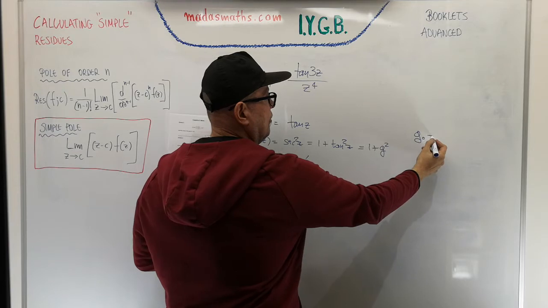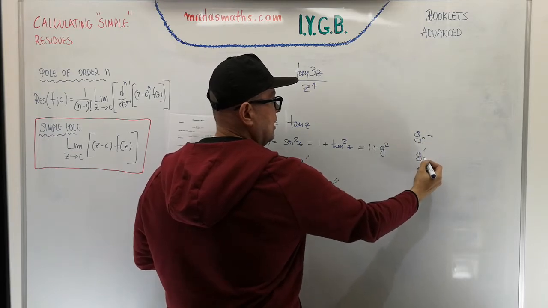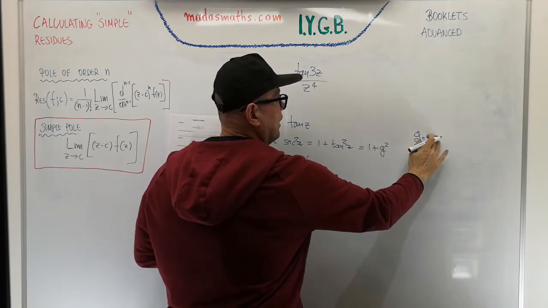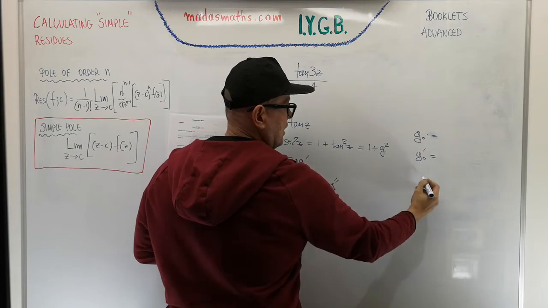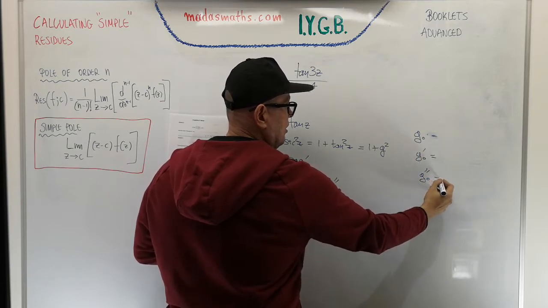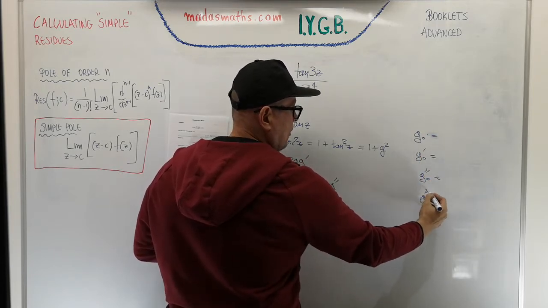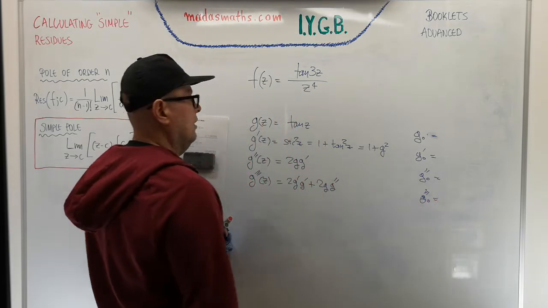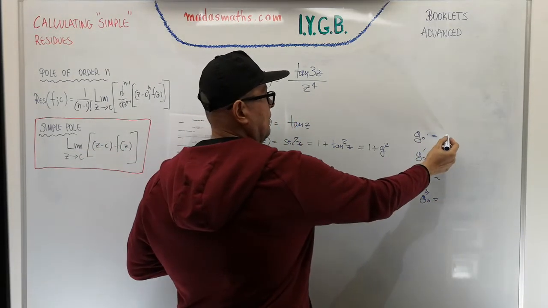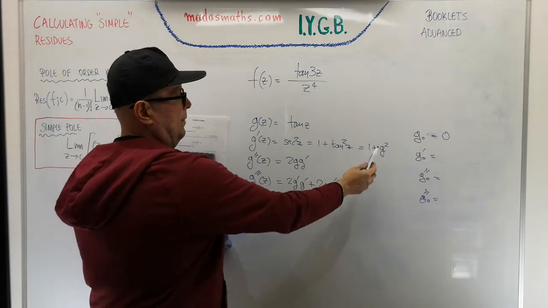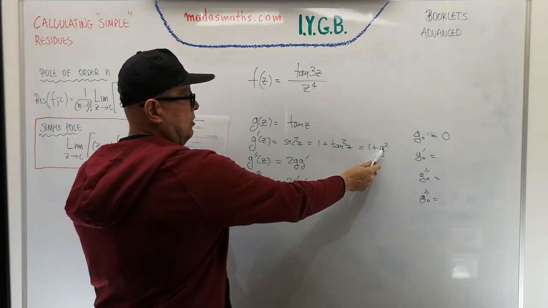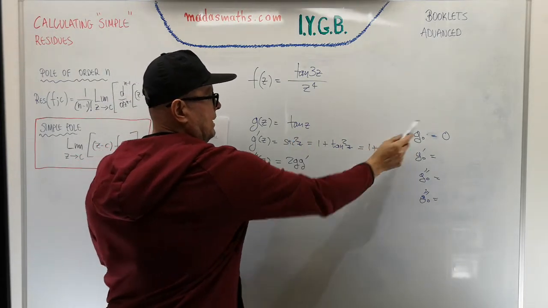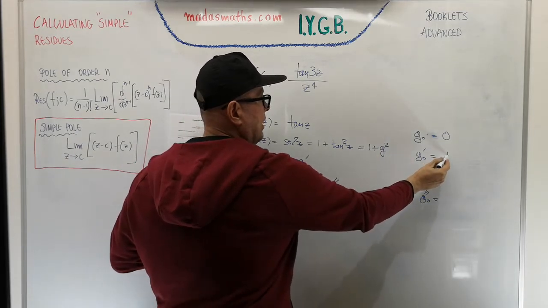So g of 0, g dash at 0, g double dash at 0, and g triple dash at 0. Okay, tan of z, of course, at 0 is 0. When we're putting 0 for that, that's gone from this bit here, so it's just the 1 there.